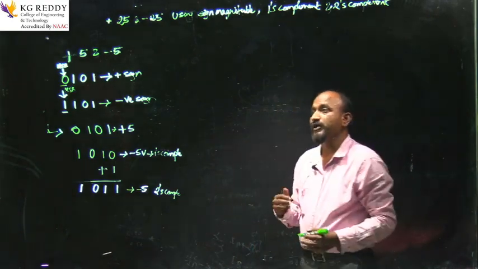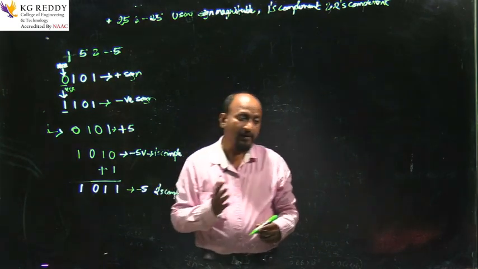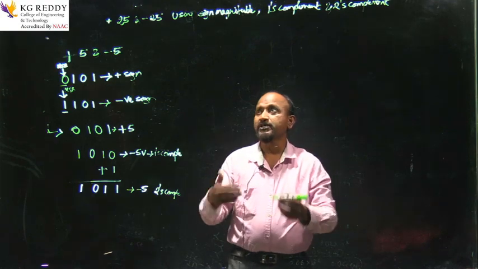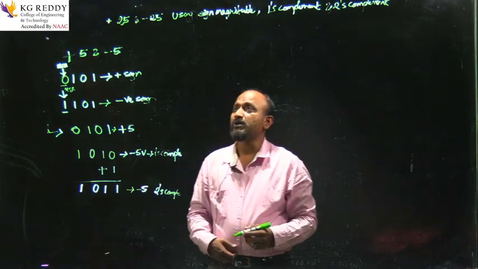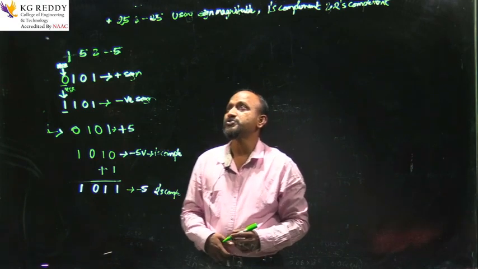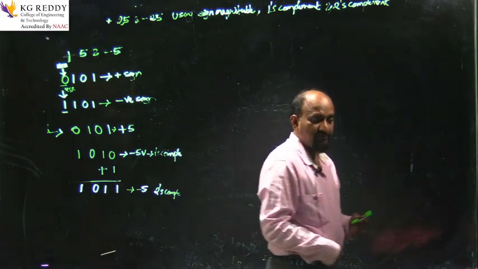We have discussed converting a decimal number to any number system. Now, to convert into binary, we are going to use the division method.